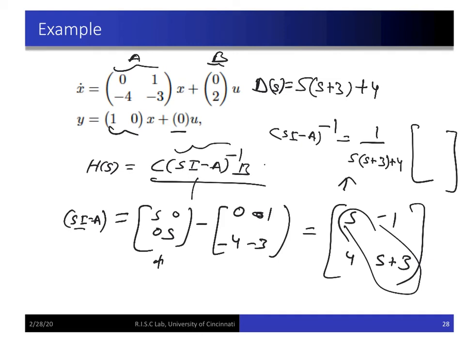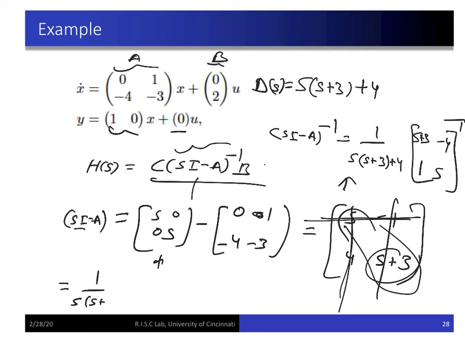So adjoint means you skip this, you put this S plus 3, and then you skip this 4, minus 4, because for odd terms you take a minus sign. So it will be plus 1 here and then the remaining S here, and take a transpose of it, right? So when you take a transpose of this matrix, it will be 1 over S squared plus 3S plus 4.